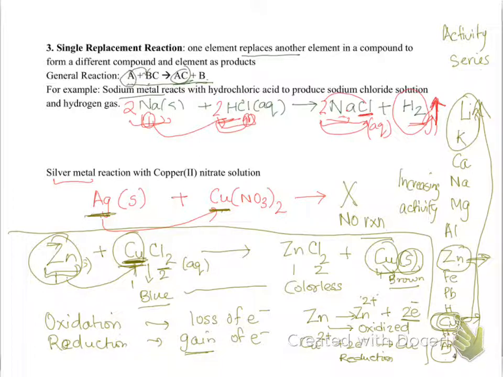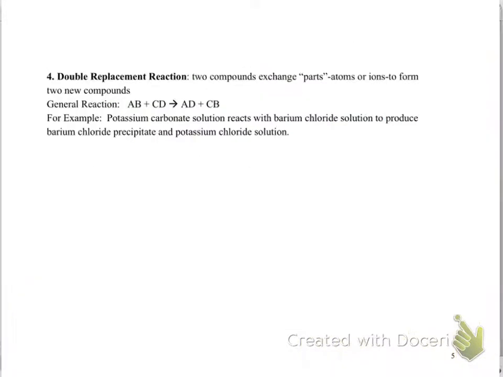There are some other definitions for oxidation and reduction too. I don't want to explain them here under single replacement because those are not single replacement reactions, but I will explain them at the very end. The last type of reactions are double replacement reactions.